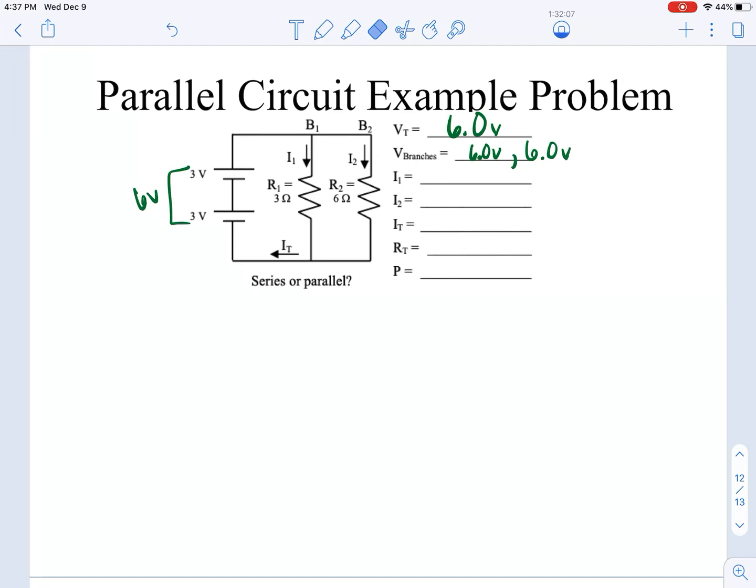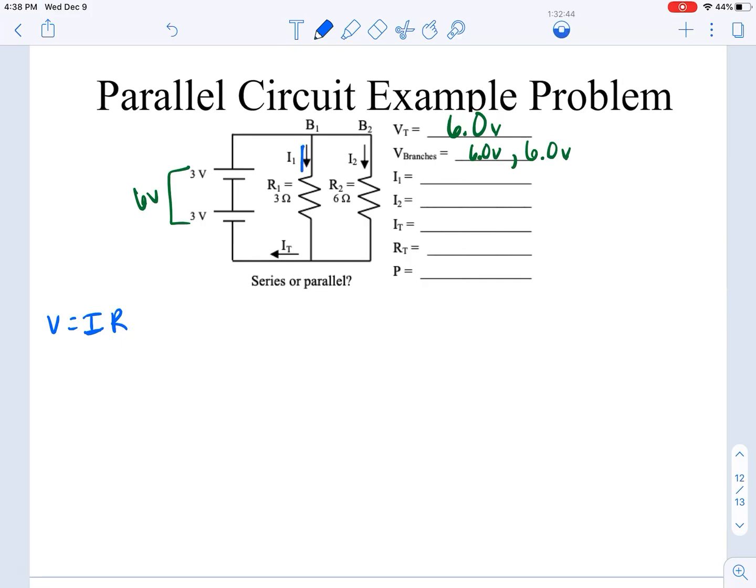All right, so then it starts asking me about my current. The handout or this example problem is walking us through the proper way to do this. If I have my resistance value provided on the problem, which it clearly is, if I have my voltage provided from my voltage source, and I now understand that the voltage is the same everywhere, then when they ask me for my current, I am going to choose to use Ohm's law to calculate my current.